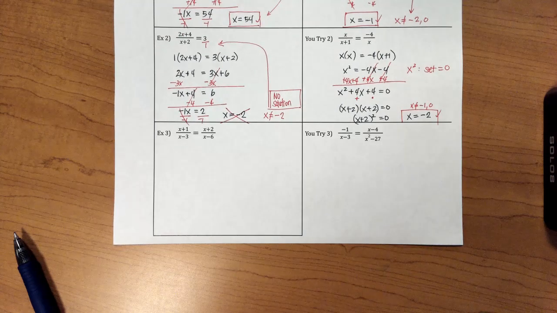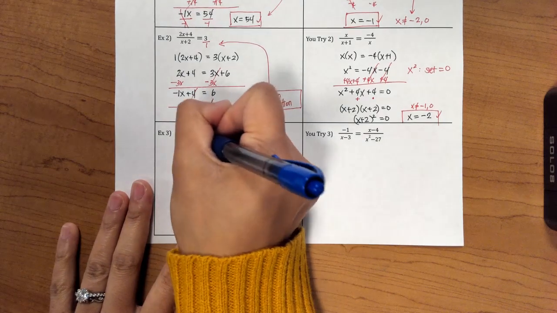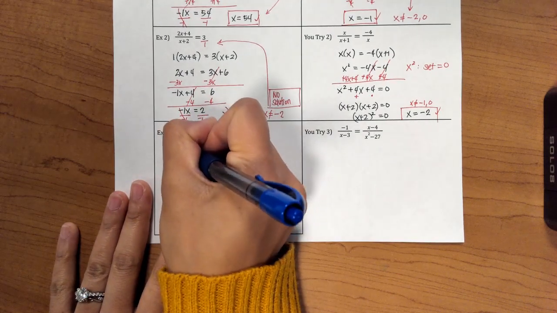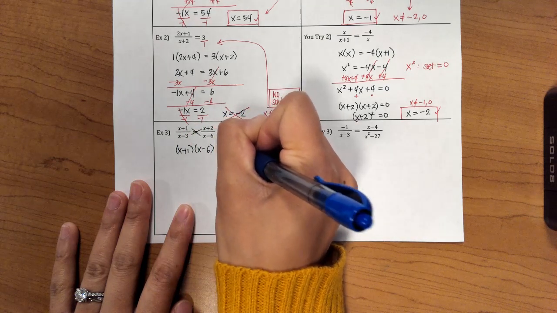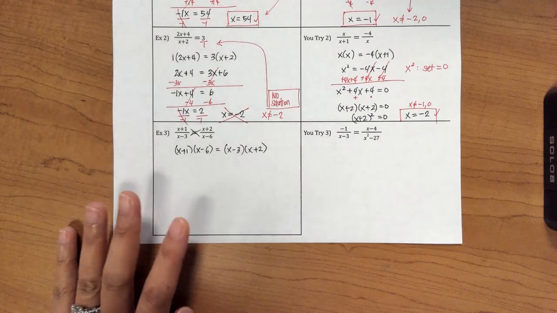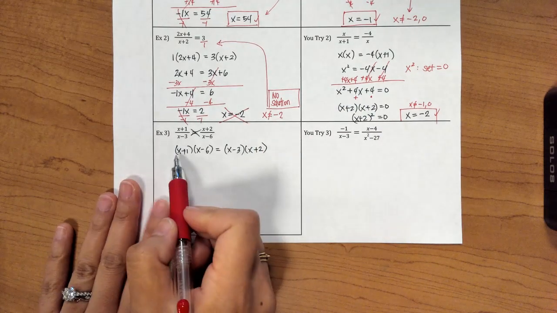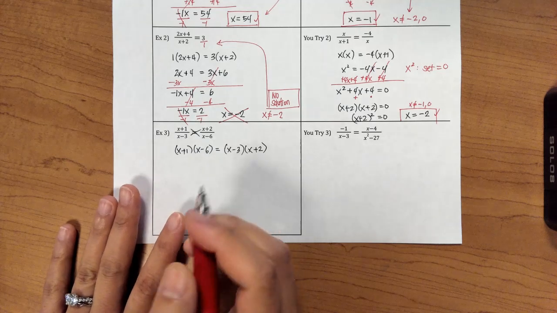Example 3 and u-try 3 are our last two problems. It starts off exactly the same. I'm going to cross multiply. But some students will take this shortcut where they tell me x times x and 1 times 6. You don't just multiply like terms.